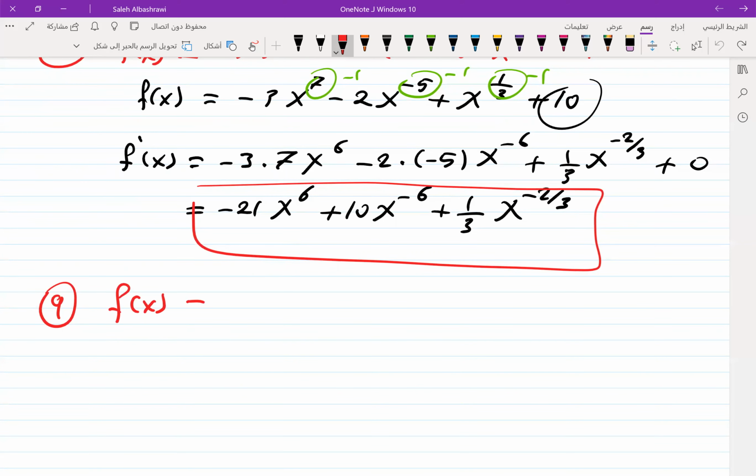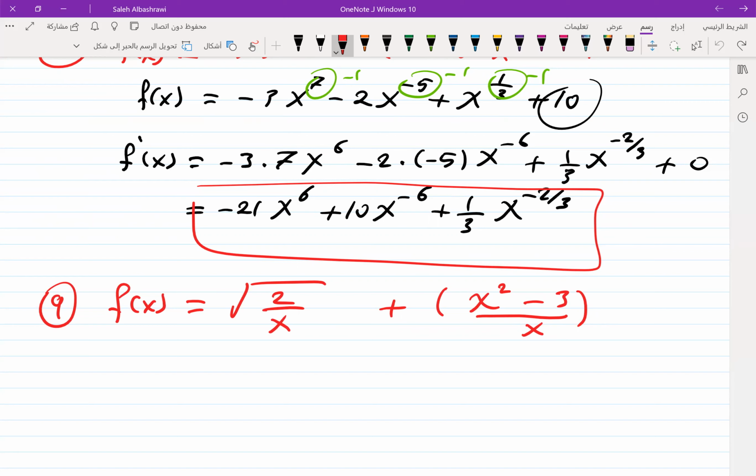F of x equal to square root of 2 divided by x plus x squared minus 3 divided by x. Let's find the derivative of this function.